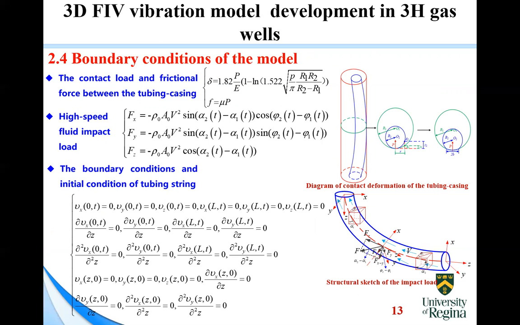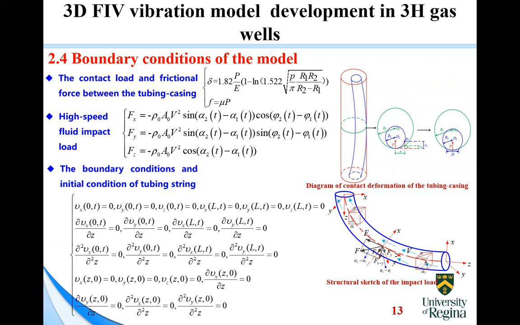Next, I will introduce the boundary conditions of the model, because we need them to calculate the model. First, the boundary equations of the string, including the force of the tubing string and the high-speed load.